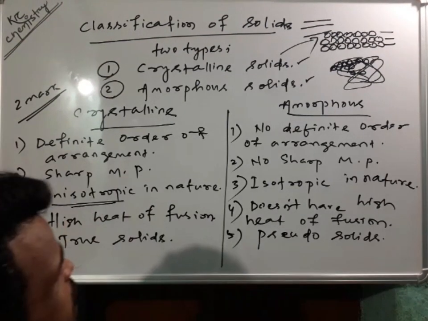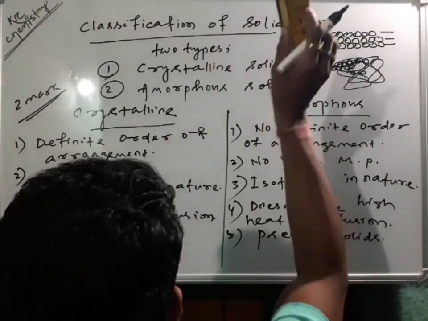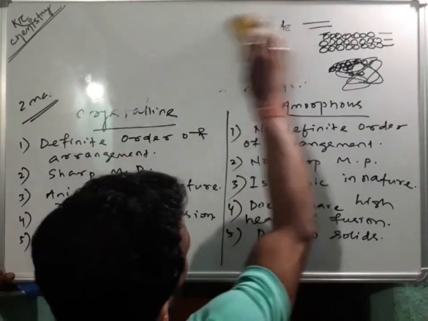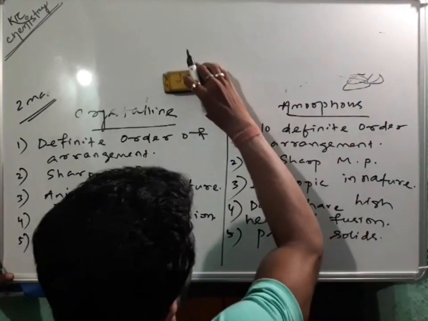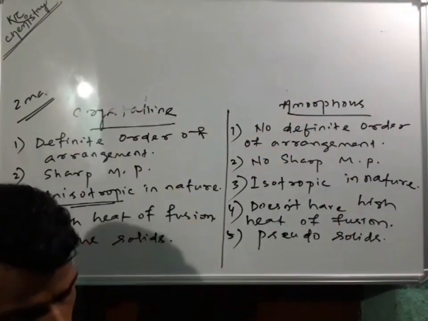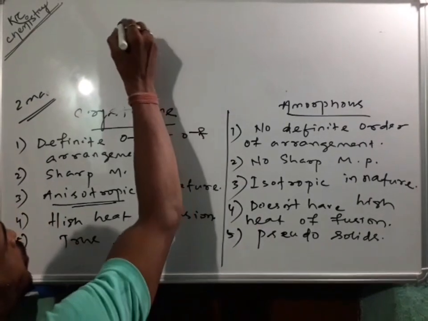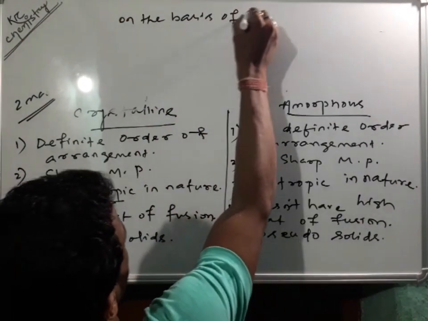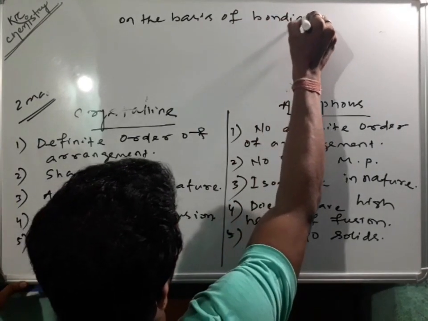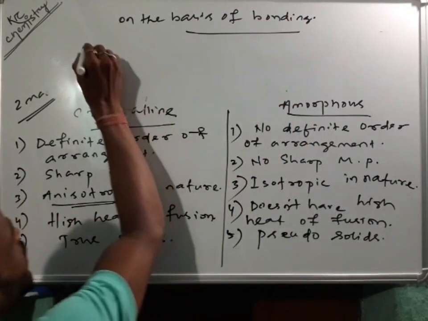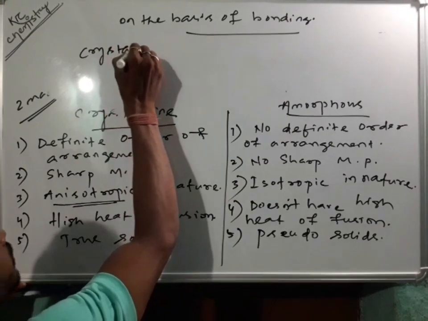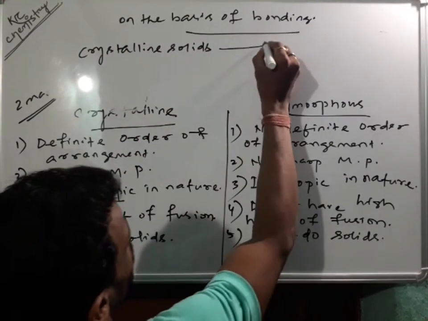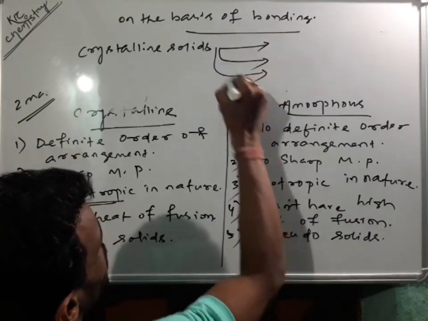Lastly, crystalline solids are again classified into 4 different types on the basis of bonding. Crystalline solids are categorized into 4 types.